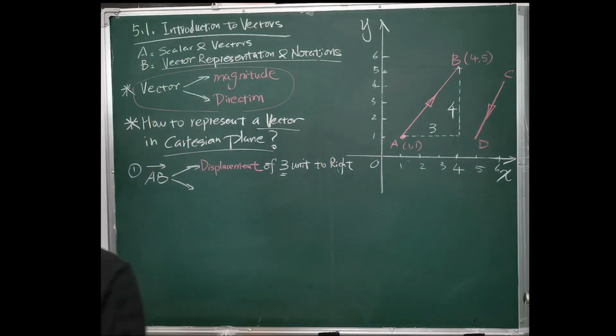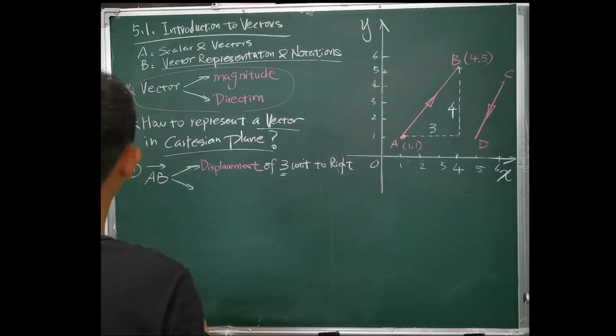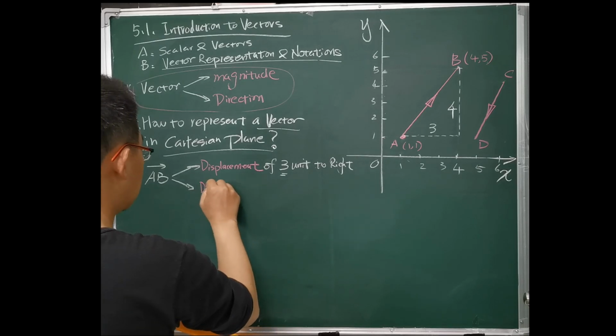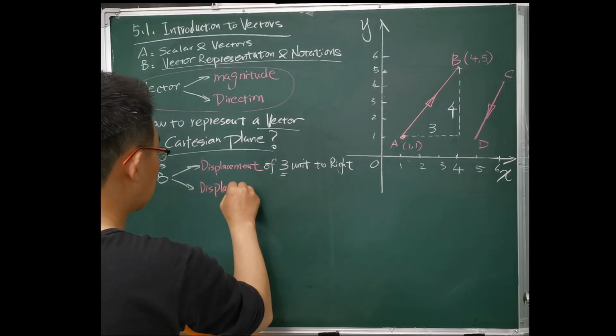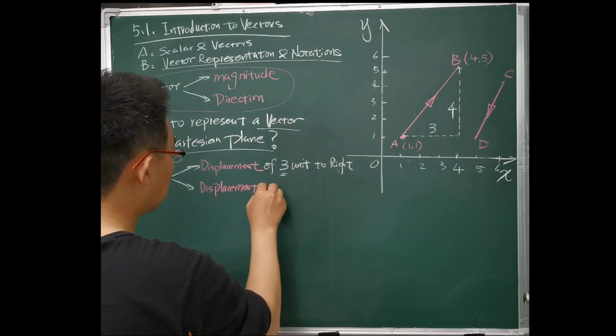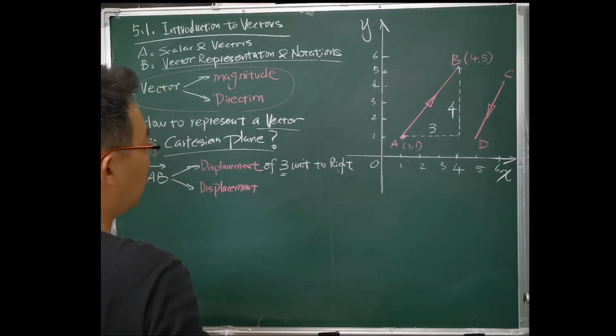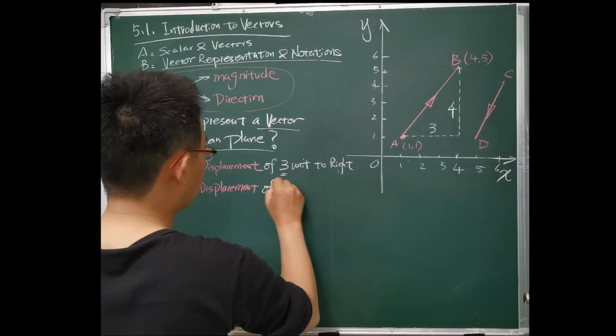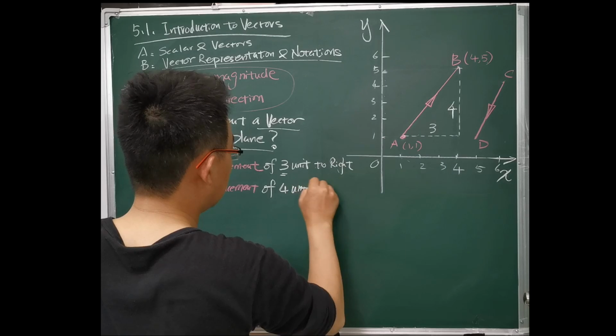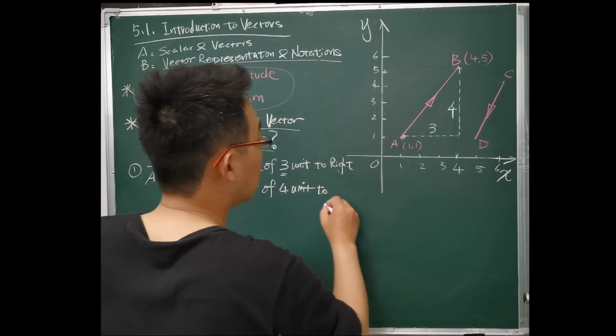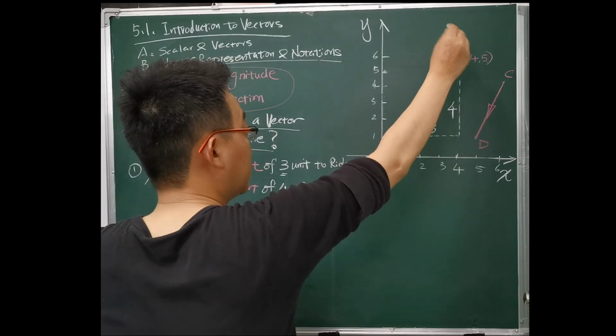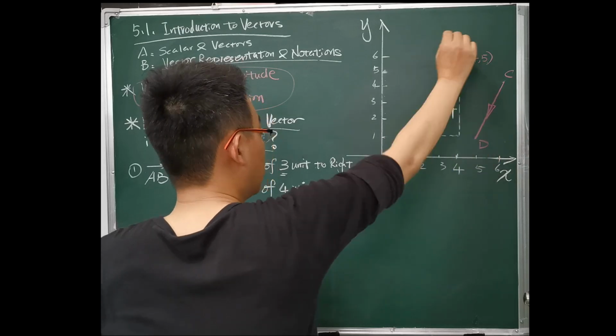So in this case, we can see 4 units going up, upward. This is to the right, this is going up.